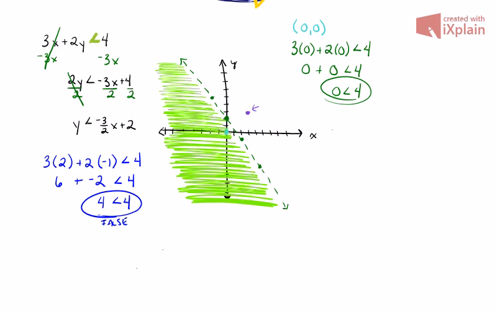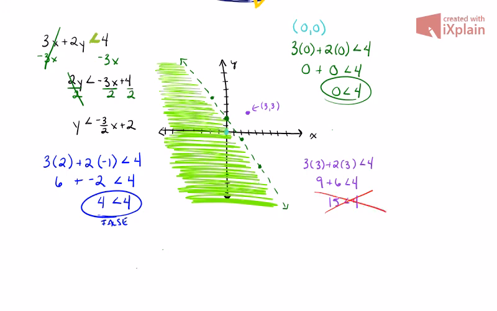If we work with point (3, 3), we'll plug it into our inequality and clean it up, so we're testing it again. So we'll get 9 plus 6 is less than 4. And then we end up getting the statement that says 15 is less than 4. However, we would definitely say that's a false statement.